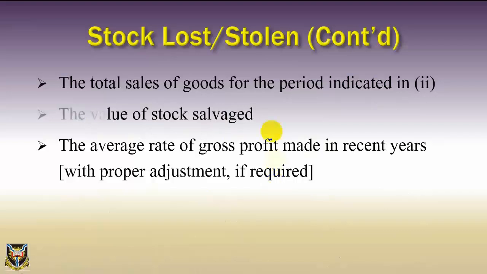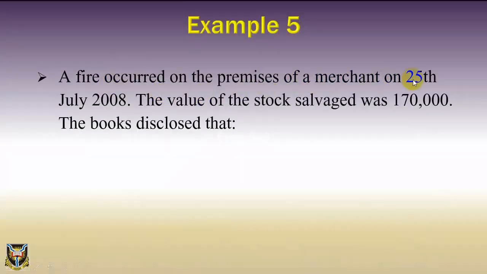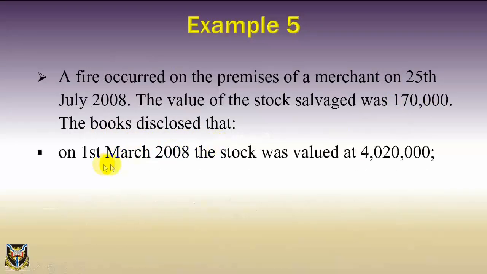Example 5. A fire occurred on the premises of a merchant on 25th July 2008. The value of the stock salvaged was 170,000. The books disclosed that on 1st March 2008, the stock was valued at 4,020,000.